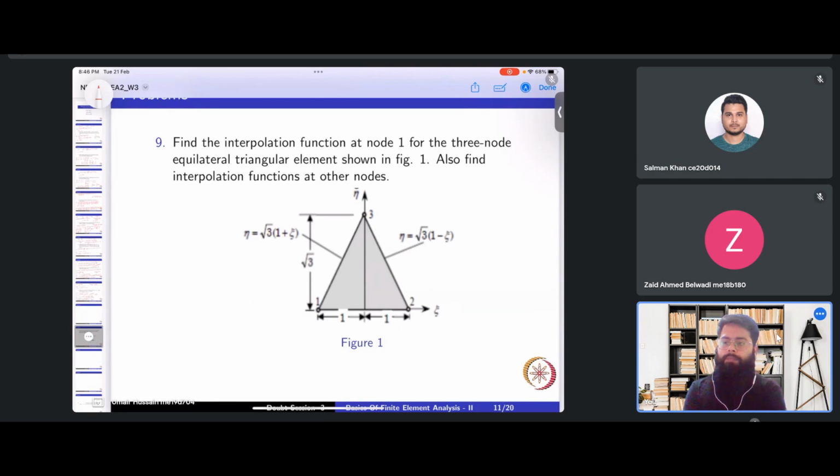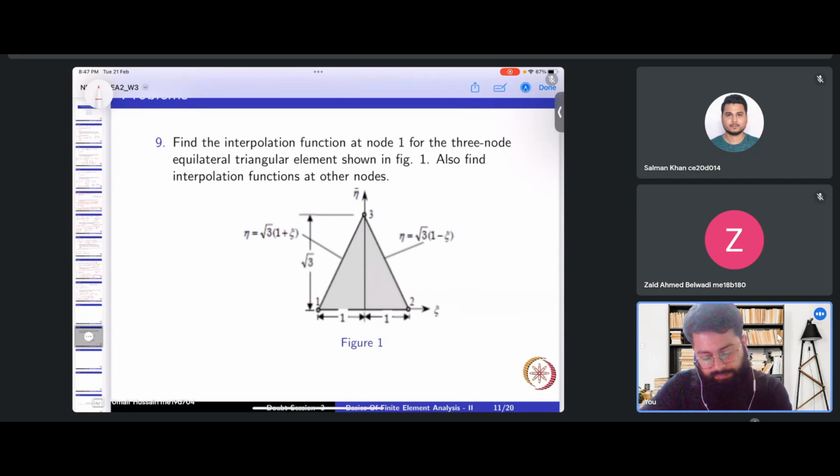Otherwise, I'll move on to the solution. So, no one solved it.